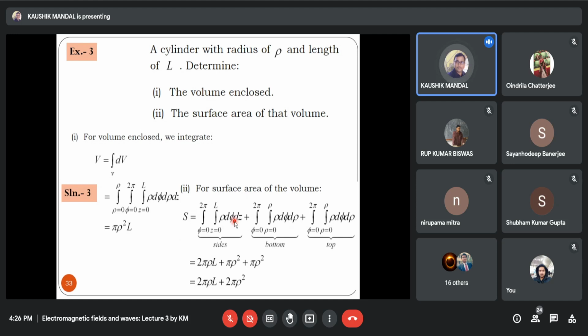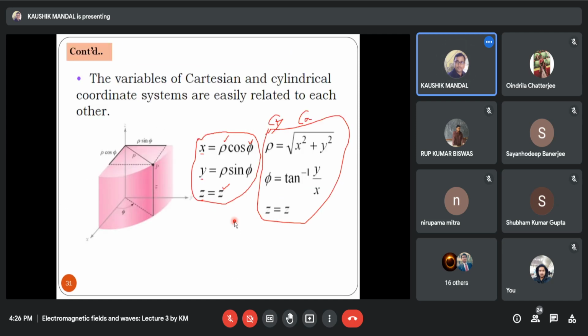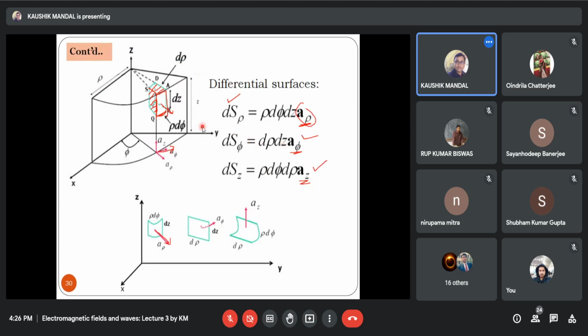To consider these surfaces, which one are we going to apply? I have already discussed the surface vector. This one is the surface or the side of the cylinder. This is the top. This is the bottom. So top and bottom are the same, will be equal. Only the difference is the surface. Surface means what is the unit vector?